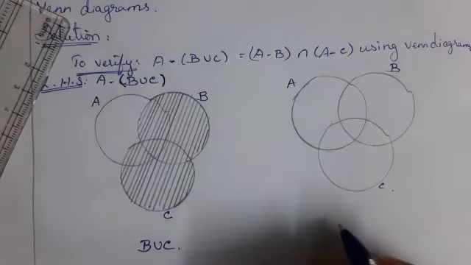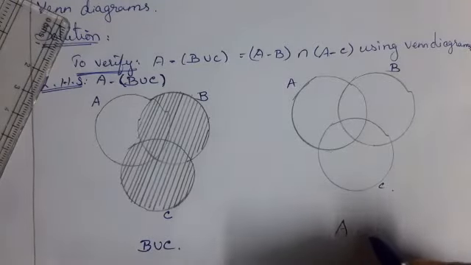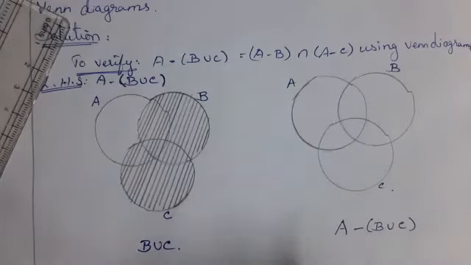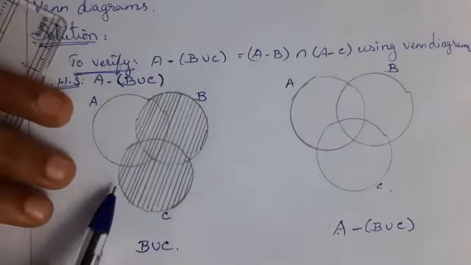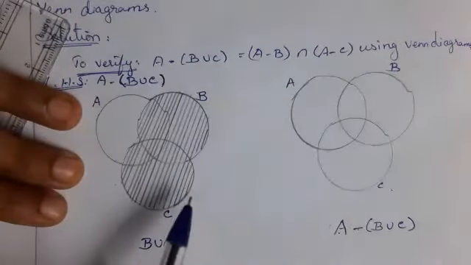Now, do the left hand side. A difference B union C. Already I told you A difference B union C means: leave the common elements, then write the remaining elements from the first set. Okay. Now compare A and the first diagram.